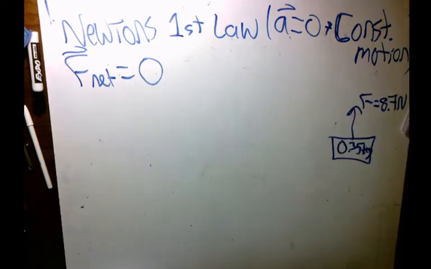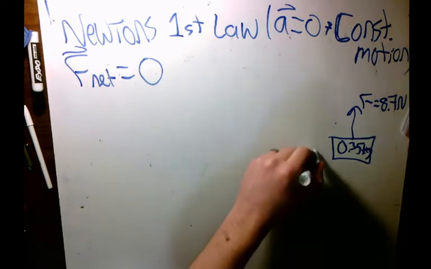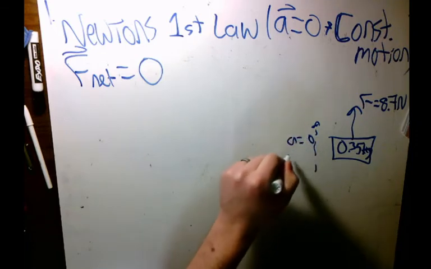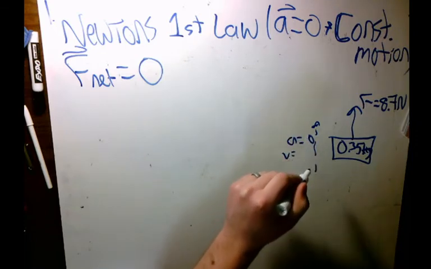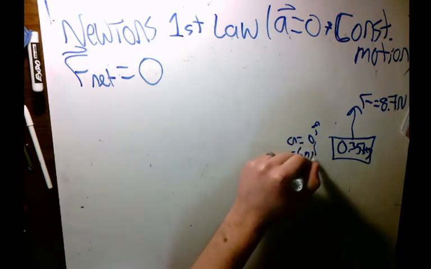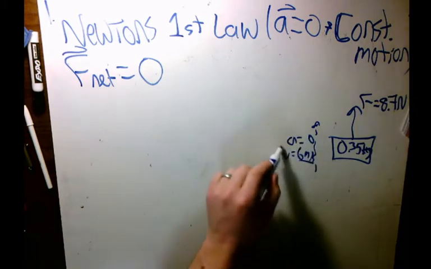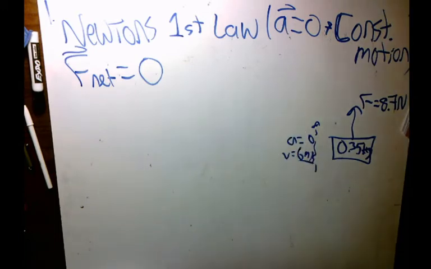We know that it's traveling at a constant speed upwards, right? Our acceleration is 0. Our speed is given as 6 meters per second. That part's a bit of a distractor, not going to change your answer. When we're working with dynamics and forces, we're more concerned about acceleration, right? Because force is equal to mass times acceleration.